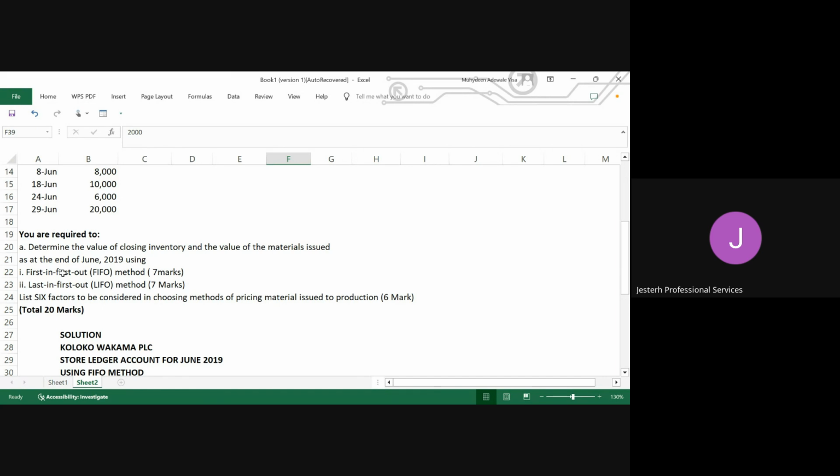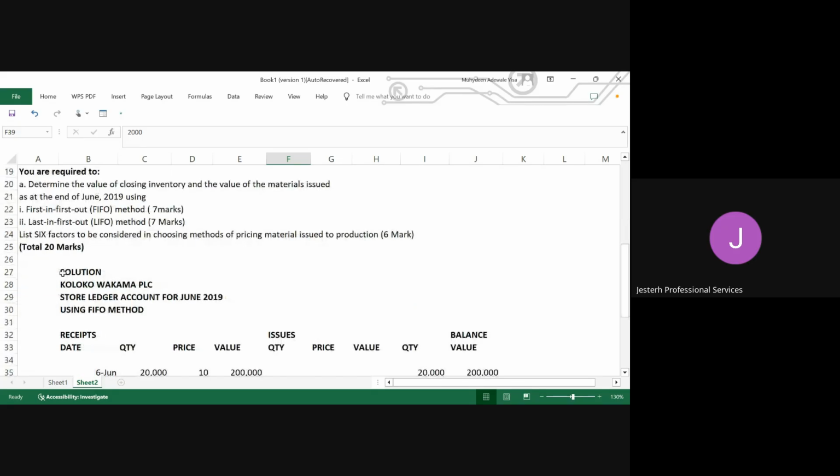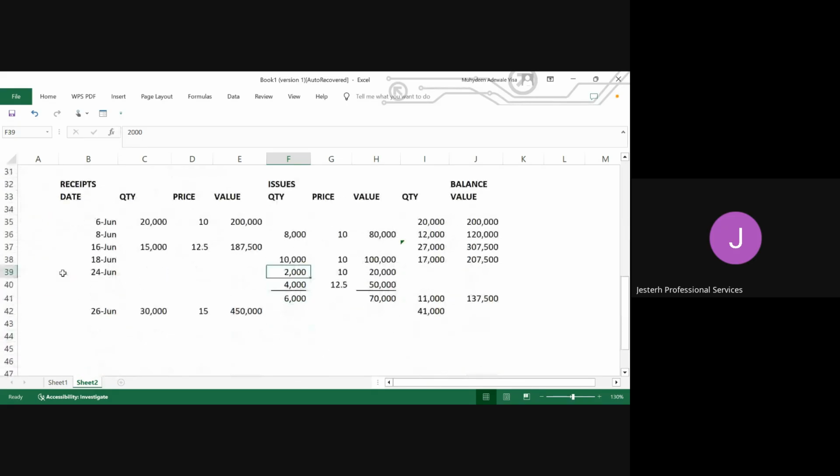Consider and use all the ones you have in your stock first before you consider the new one. That is what FIFO is saying. They ask us to use FIFO and LIFO, but the one we are using here now is FIFO. It means we need to consider everything that we have in stock first before we can consider the new stock.